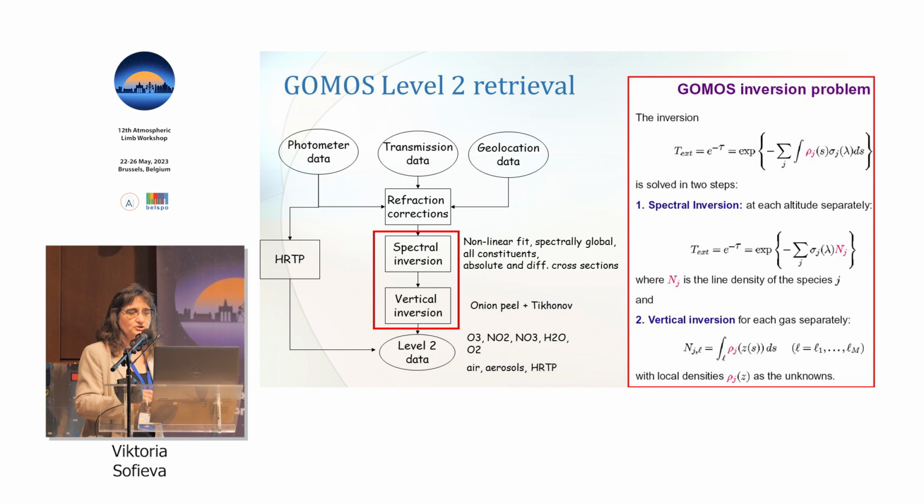First is spectral inversion, using absorption and scattering cross-sections, where we retrieve slant column densities. Then vertical inversion is performed for each gas separately, and from the collection of horizontally integrated column densities we retrieve vertical profiles of different species. So this is the standard two-step inversion of GOMOS data.